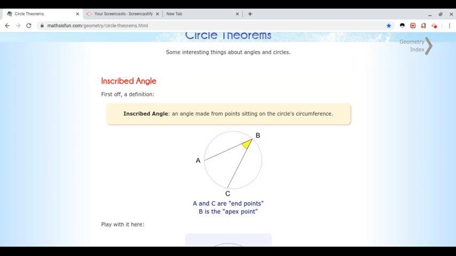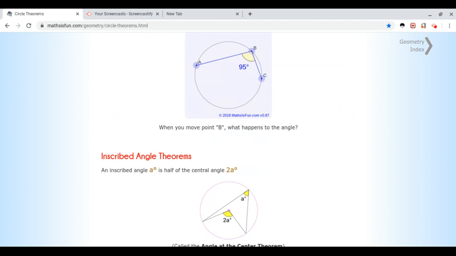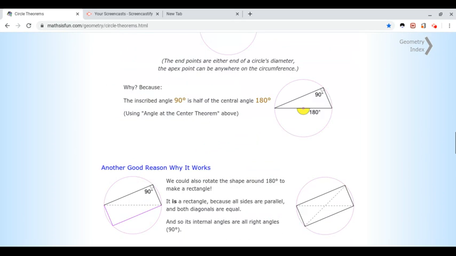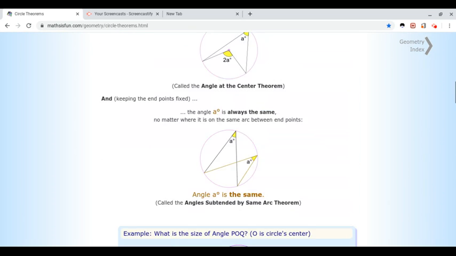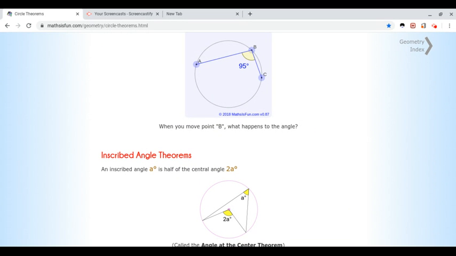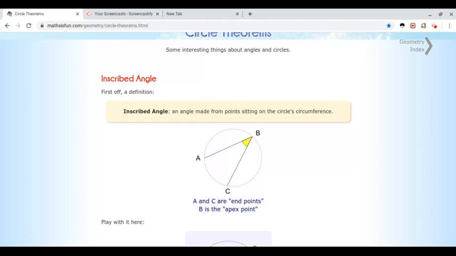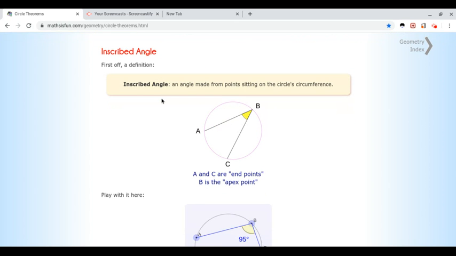Today we're going over the inscribed angle, a couple of theorems, and that's pretty much it. I'll do another video where we do some examples on a sheet of paper so you can see me doing them. But for now, I'm going to explore this with you, so you have more visuals.